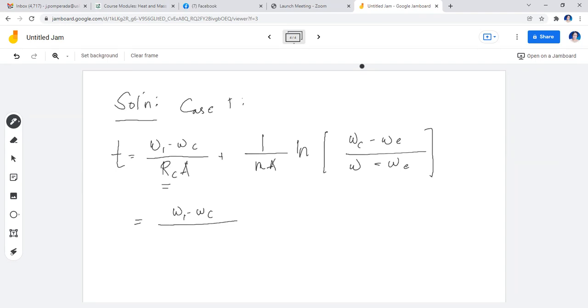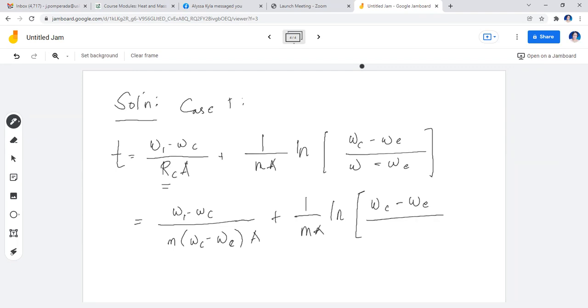And I'll change the R sub C to the product of M and the difference between critical moisture content and equilibrium moisture content. You have here A plus 1 over MA, still the same, ln of omega C minus omega E over omega C, or W. Okay, so it's actually italicized W.